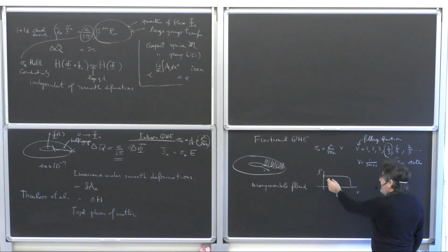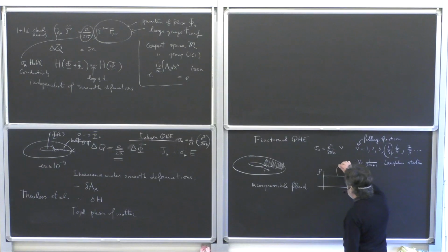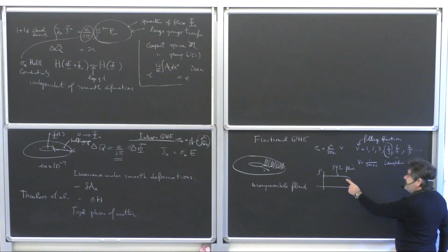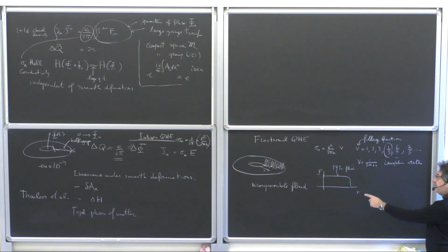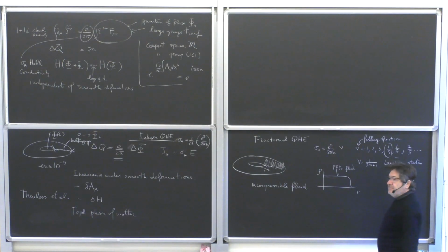When you pack all of them, you make something which is constant in the interior. So a constant density here is characteristic of a fluid. In the interior, this is like a droplet of liquid.